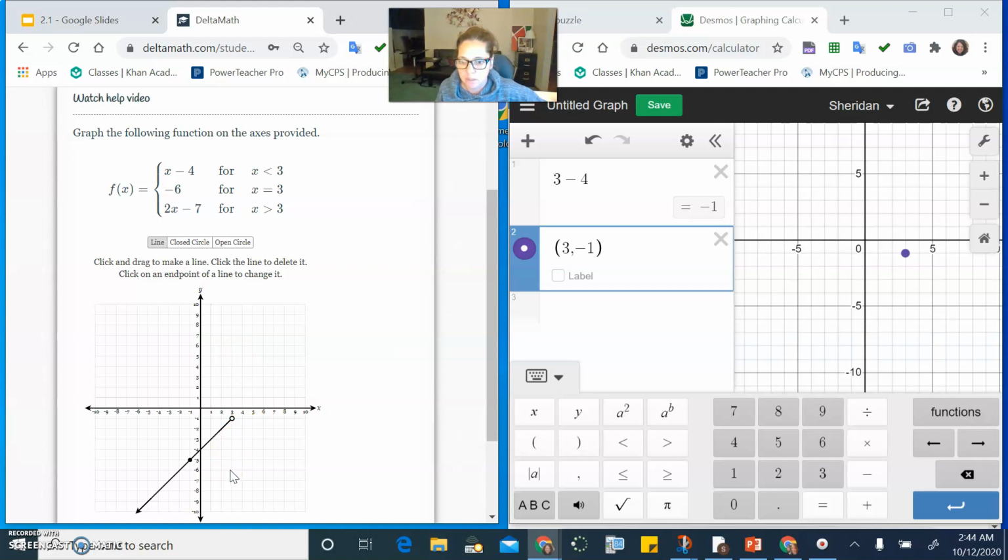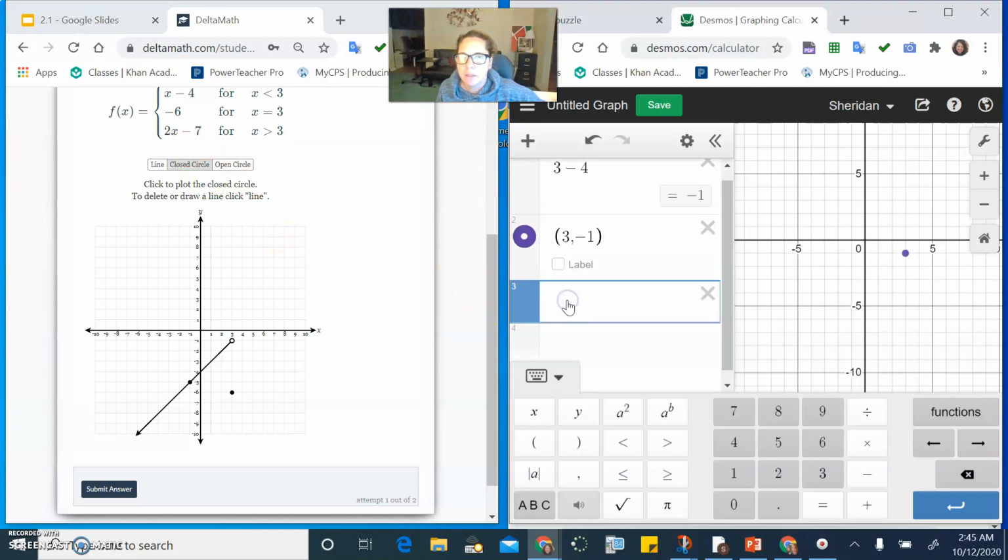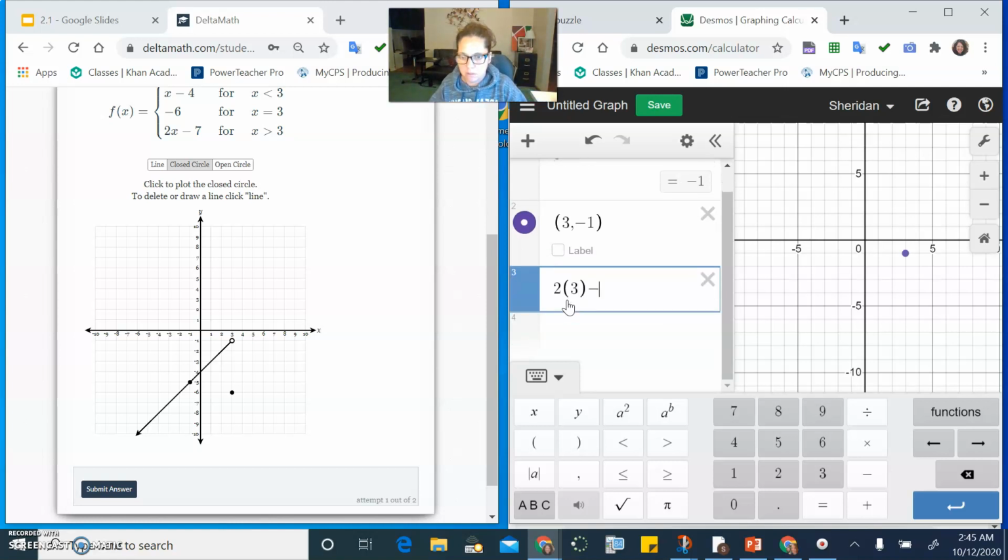Just getting a straight line. How do they want me to put this point in there? Closed circle. Oh, that's what it has to be, closed circle. There we go. Got it. And then if I plug in 3 to that bottom one, I get -1.